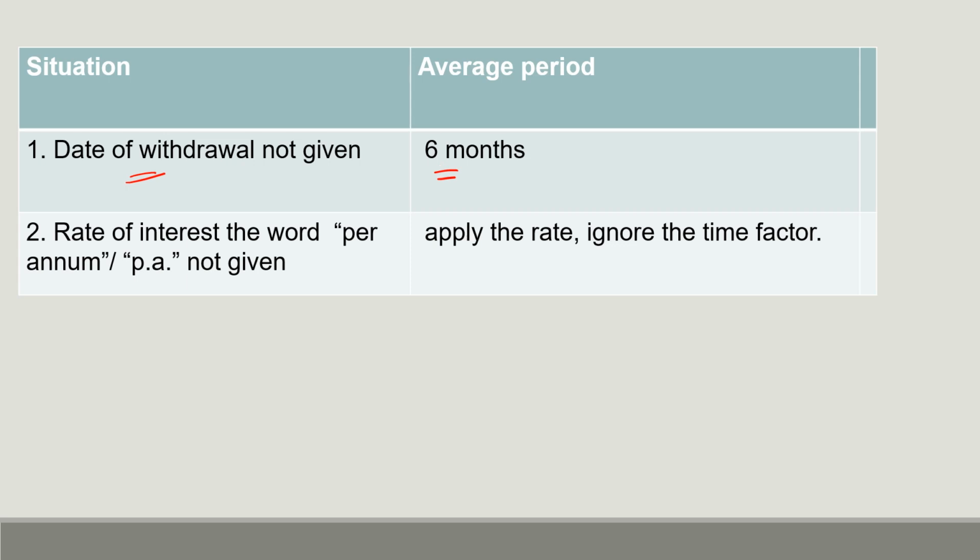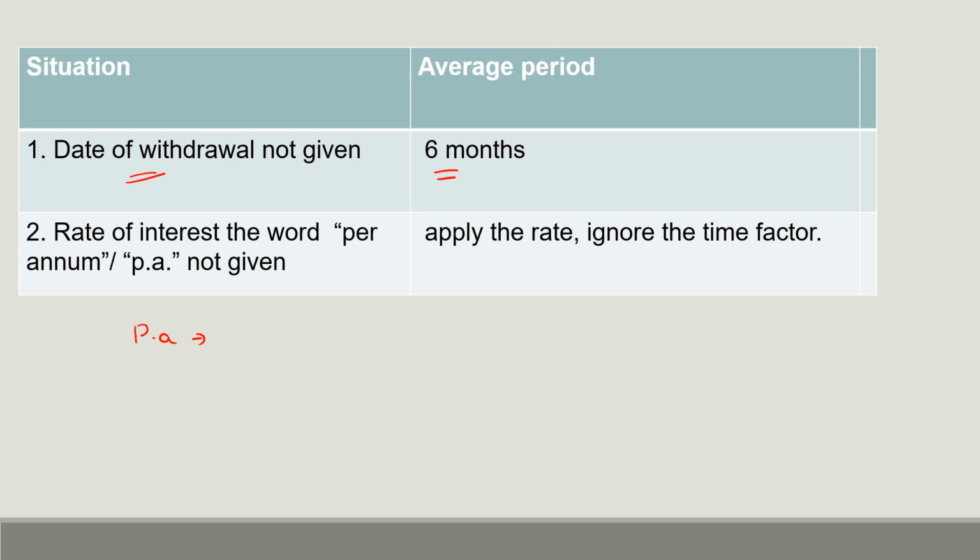And the last situation that you could face is that the rate of interest is given, but the words per annum are not given. So basically, what does per annum mean? Per annum means for 1 year. So in that case, we apply the time period and take into consideration the time factor.